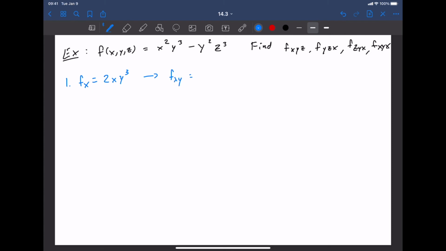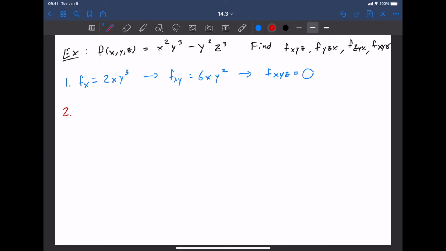So I'm fixing the x as constant. I'm switching around and going after the y. 6xy squared. And now I take the derivative with respect to z. With respect to z, this whole thing is just a constant. So I get 0. Okay? No big deal.